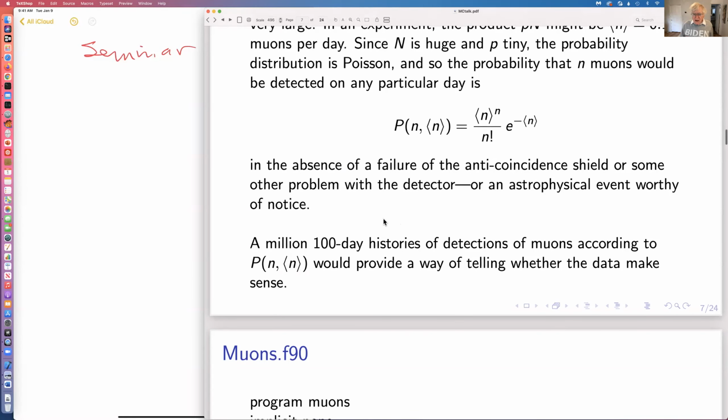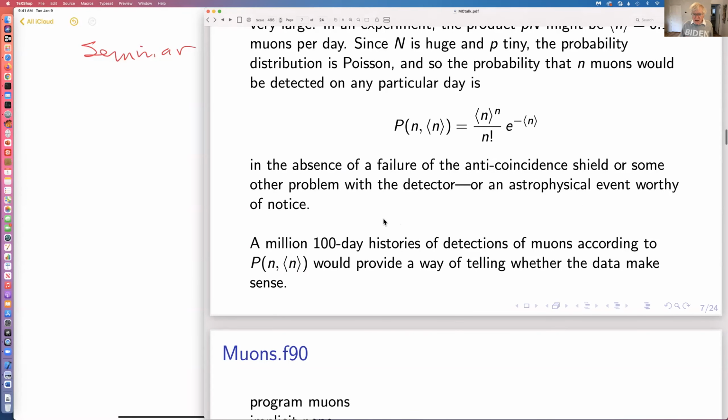One way to know whether your detector is behaving sensibly, or whether something crazy has happened in the universe or some failure has occurred in your apparatus, is to produce, for example, 1 million 100-day histories of detections of muons distributed this way. And that would tell you whether the data you're getting are reasonable or not.